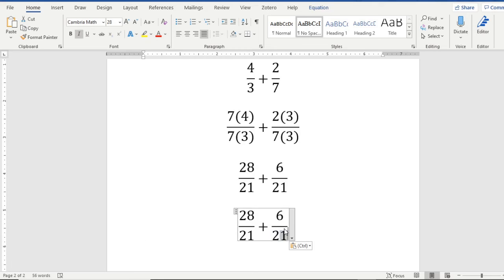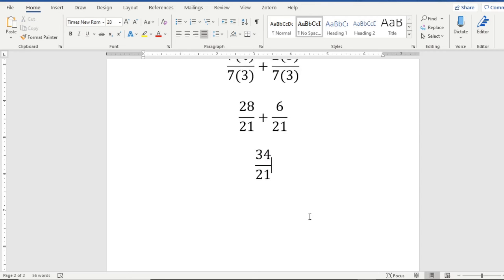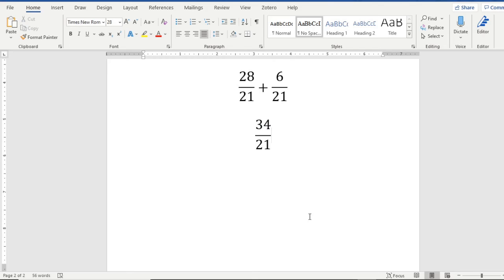So now we have one fraction, and 28 plus 6. Okay, so that is 30 plus 4, or 34. Okay. 34 over 21. We can leave this as an improper fraction. That's perfectly okay. It's best if we reduce it if possible, but 34 and 21 have no number in common.